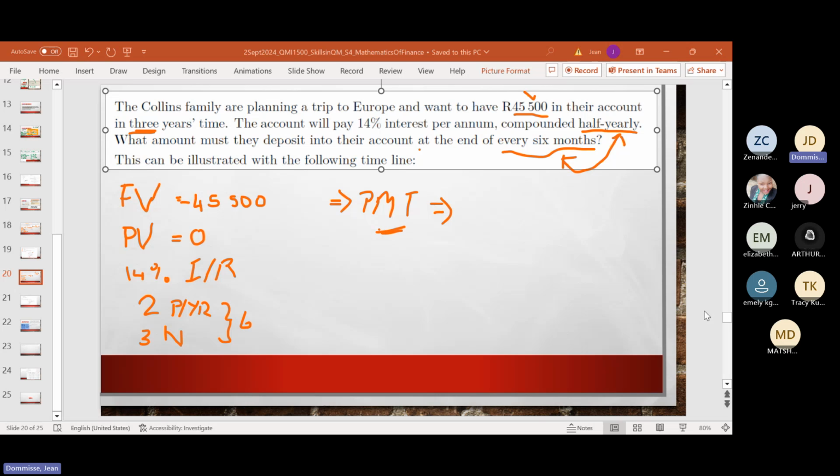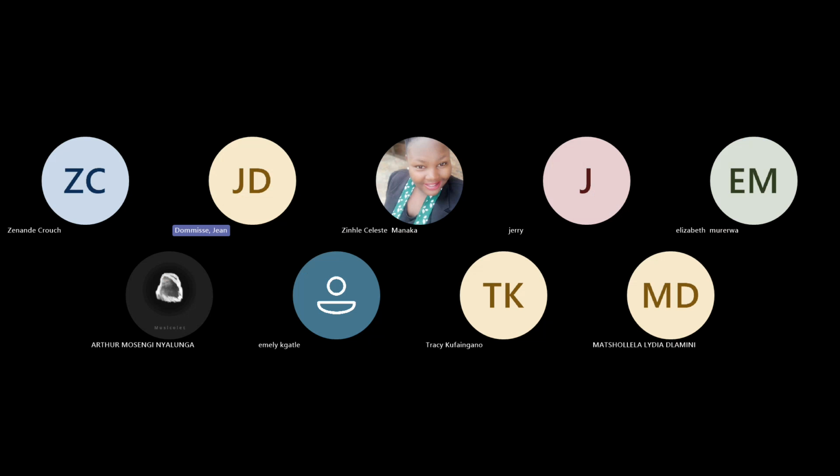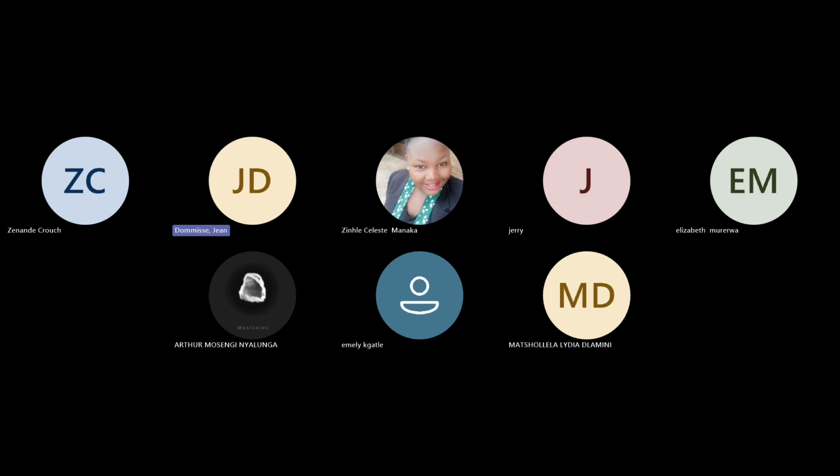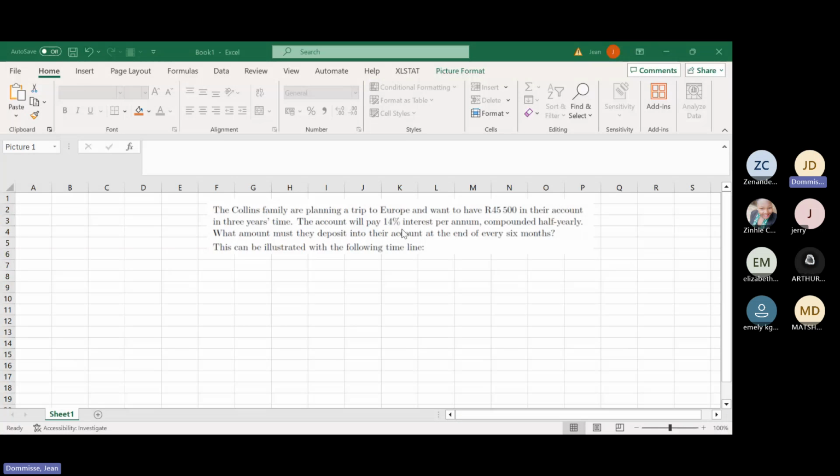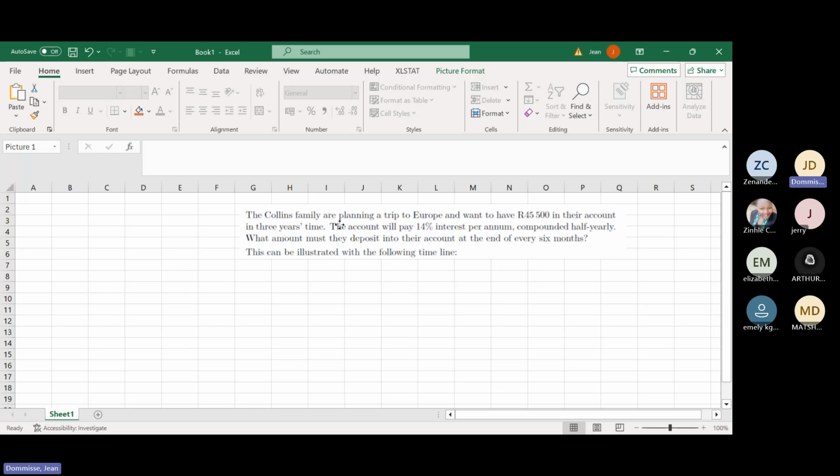Okay, so I think I now need to share again. Hopefully you can see the Excel spreadsheet, so that we can quickly show how you can do it.